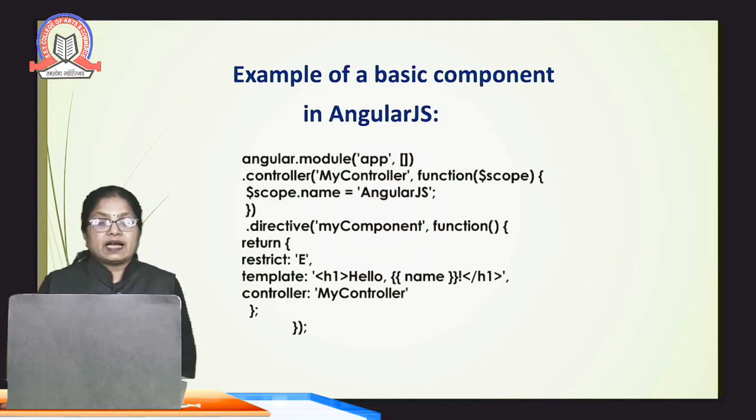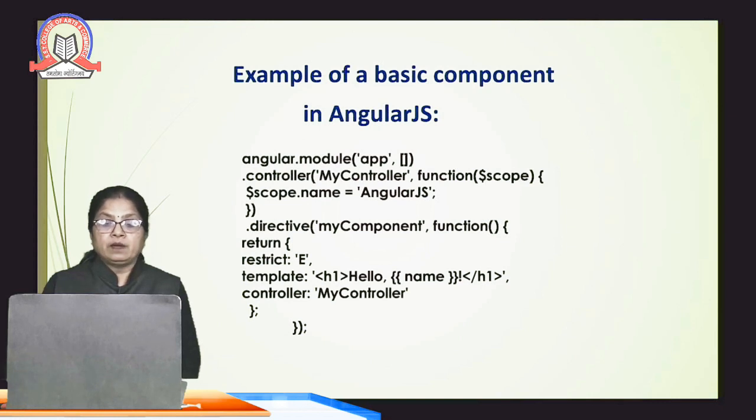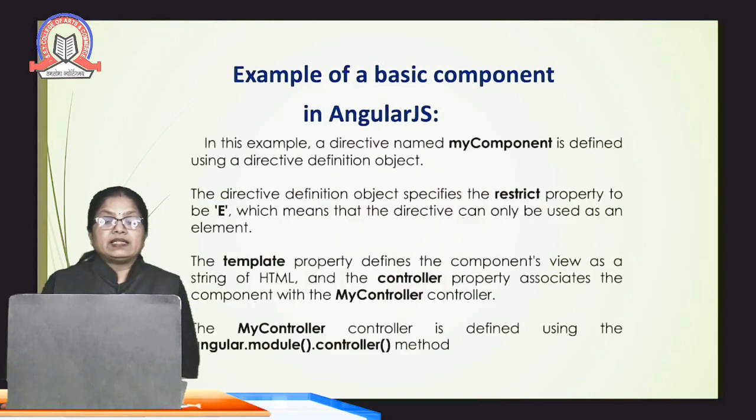This is the example of a basic component of AngularJS. In this example, a directive named myComponent is defined using a directive definition object. You can see in this example, the directive definition object specifies the restrict property to be E, which means the directive can only be used as an element.